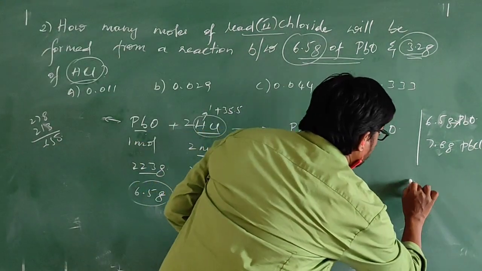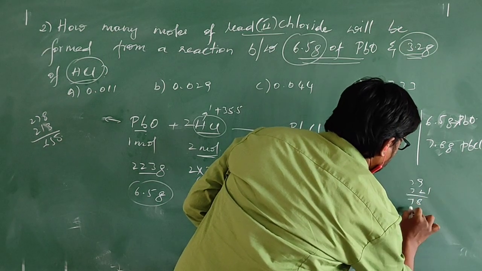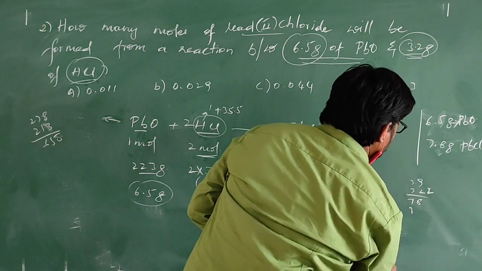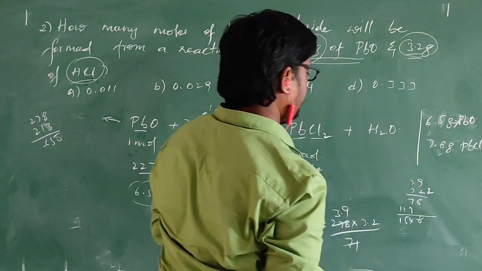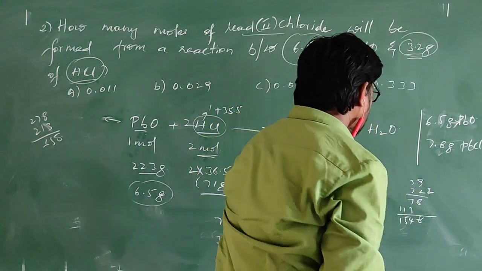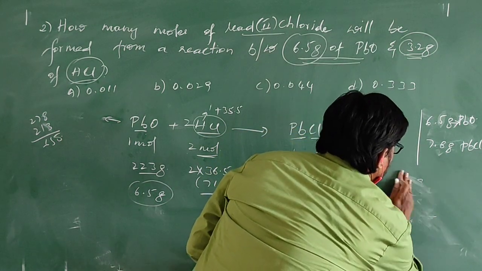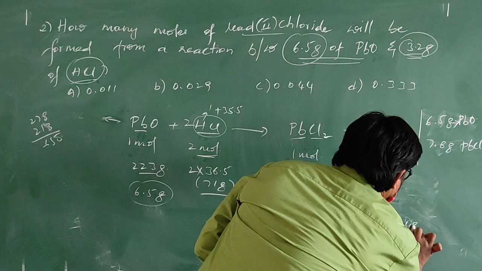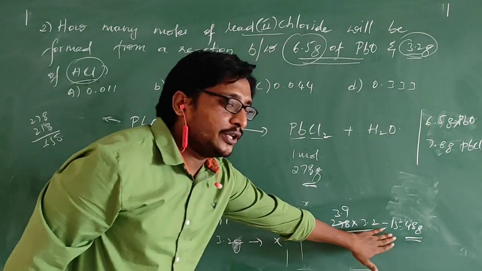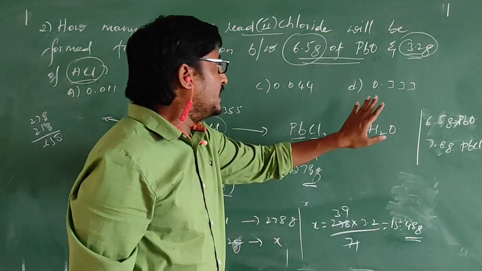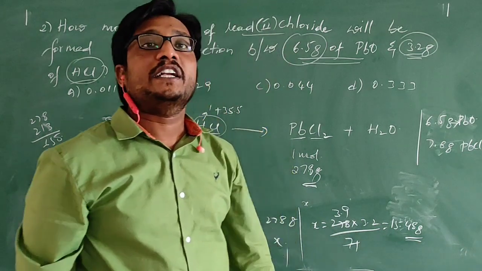So 3.9 into 3.2 means it will be around 15.48 grams. So from 3.2 gram of HCl, we can produce 15.48 gram of lead chloride. From 6.5 gram of lead oxide, 7.8 gram of lead chloride got produced.